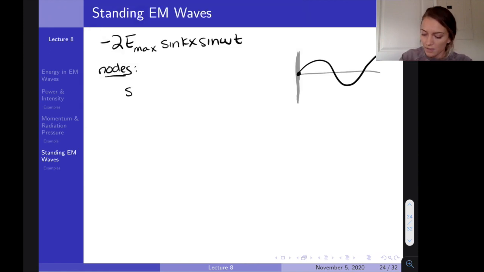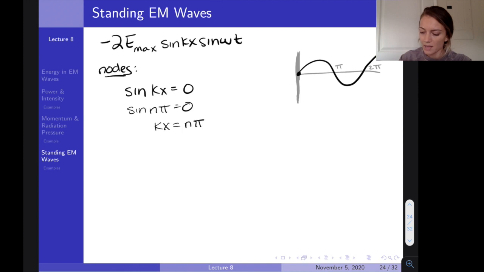So we're going to have the same thing that we had with our transverse strings, where sine kx is equal to 0 for a node. And we can see that that's going to happen at 0, pi, 2 pi, 3 pi, 4 pi. So it's going to happen at integer values of pi again. So kx is equal to n pi, and x is n pi over k.